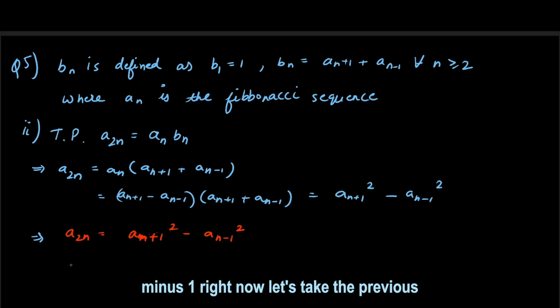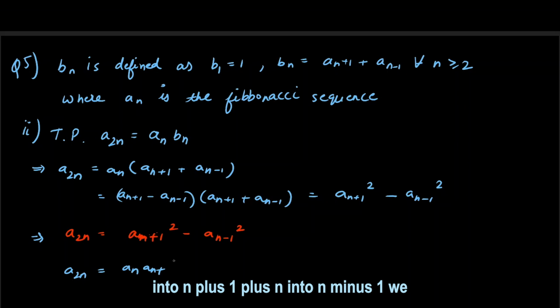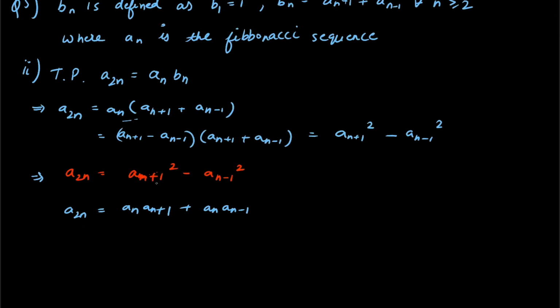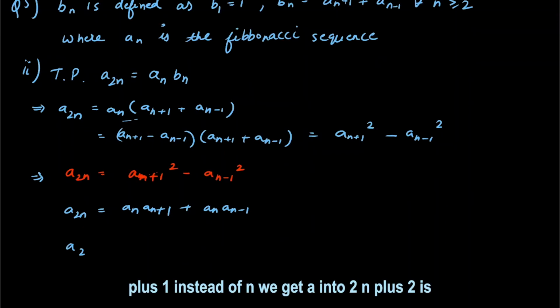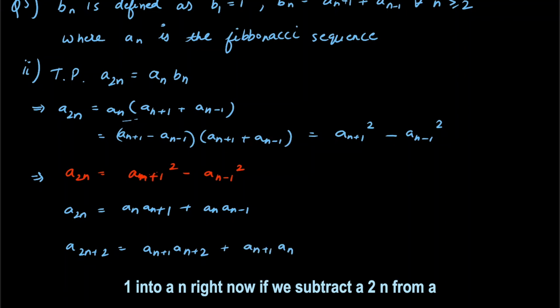Now let's take the previous equation again. So we get A2n is equal to An into An plus 1 plus An into An minus 1. We essentially just expanded this equation, right? And then if we substitute the value n plus 1 instead of n, we get A2n plus 2 is equal to An plus 1 into An plus 2 plus An plus 1 into An, right?